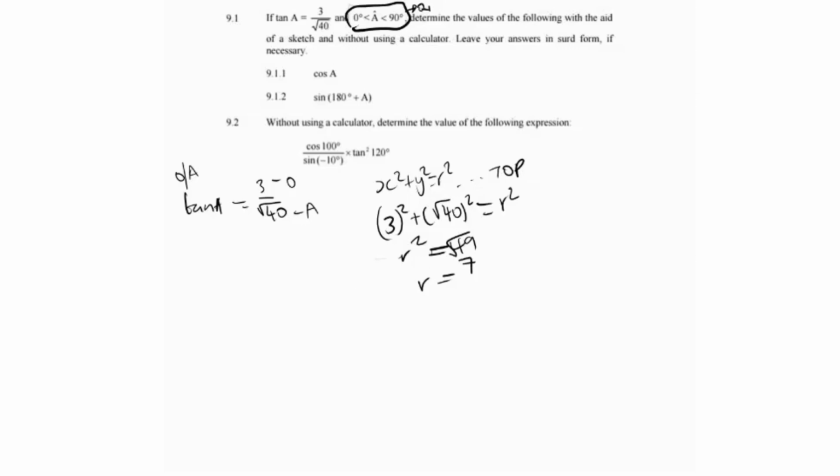Now we need to start drawing it in a Cartesian plane. We know that it will be on quadrant 1, because we know that it's between 0 and 90.